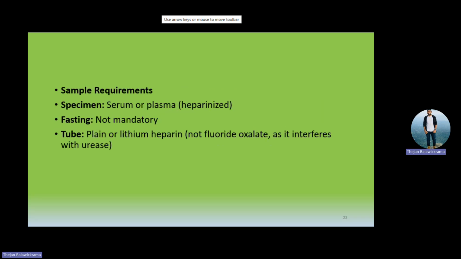Whatever the test, what are the things that we need? We need our blood sample. And remember, fasting is not a must in this case because it's nothing related to glucose, it's all related to proteins, right?